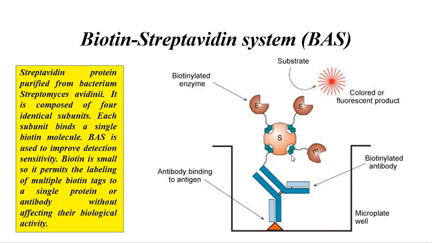Hence the streptavidin and biotin system is used to bind a reporter molecule with an antibody. An antibody bound to a biotin molecule is known as a biotinylated antibody, and an enzyme bound to a biotin molecule is known as a biotinylated enzyme.